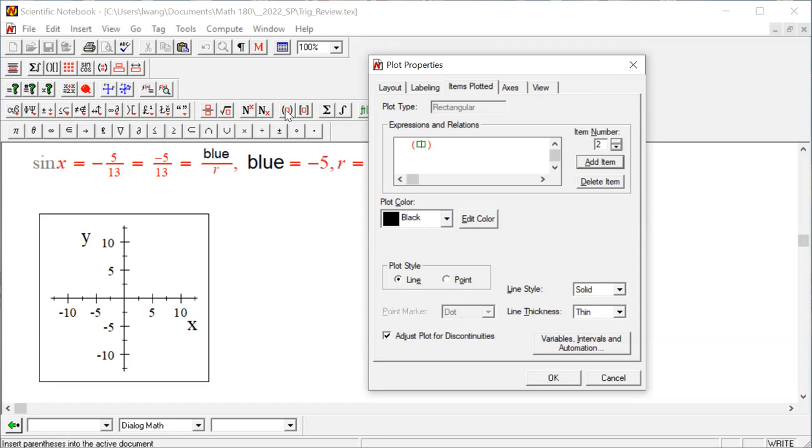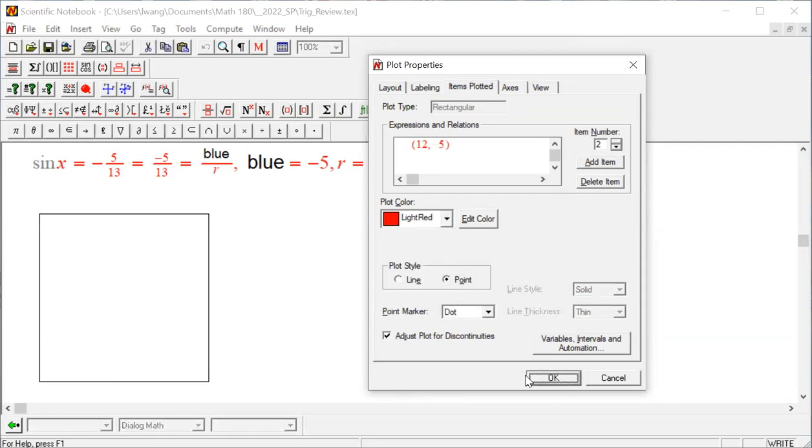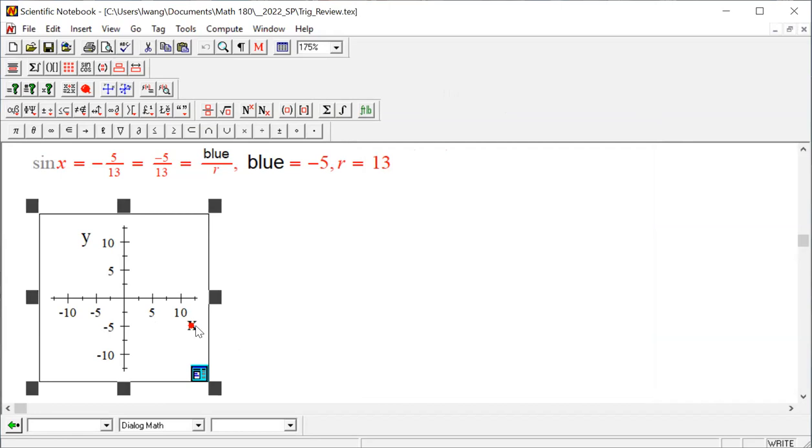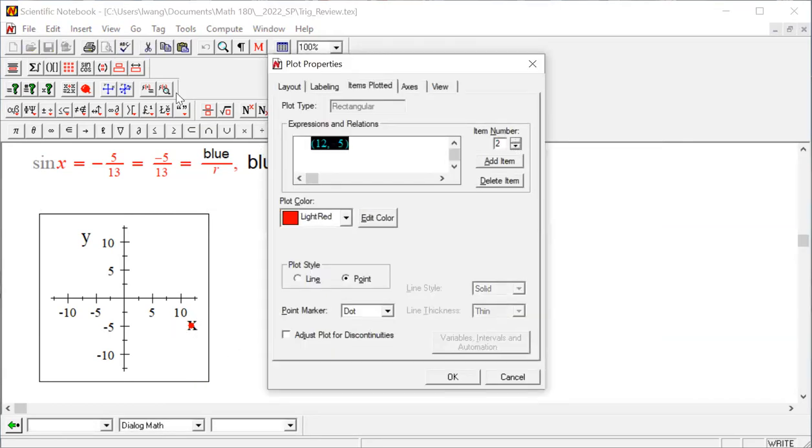So here's the terminal. I'm going to draw the terminal. It's a straight line.